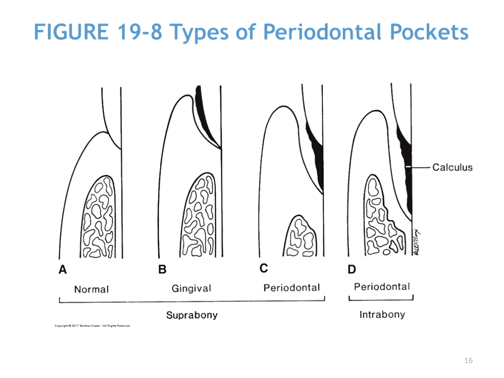All right, so you've got your normal pocket in A. The junctional epithelium is right at the CEJ. The gingival pocket, the junctional epithelium is at the CEJ, but the tissue is up higher because of the inflammation. Then you've got your periodontal pocket, which is suprabony in C, and your intrabony, which is D.